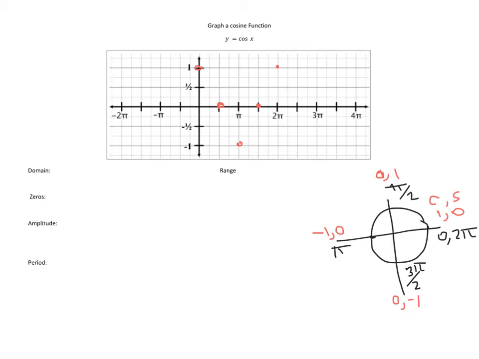So here I can continue with this pattern. That's going to be 0. That's going to be negative 1. This one is going to be 0. And this one is going to be positive 1. And now all I need is to connect my points with a smooth curve.